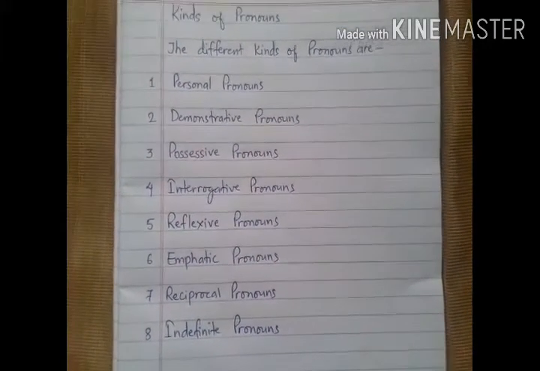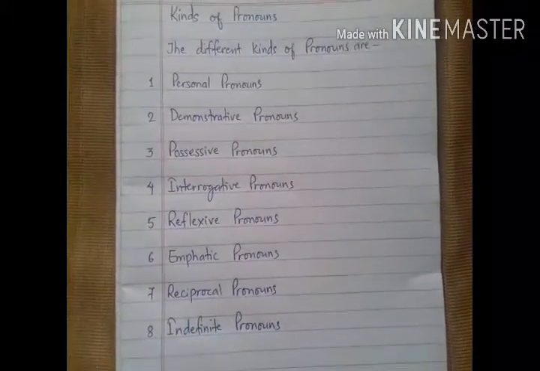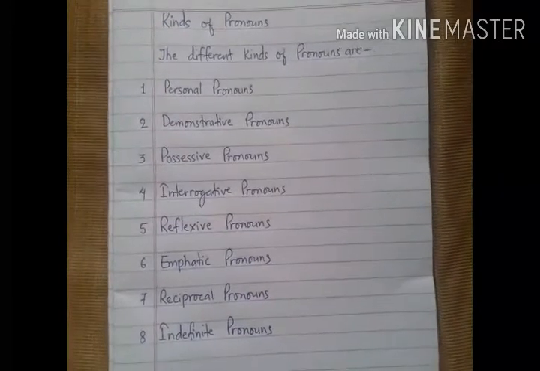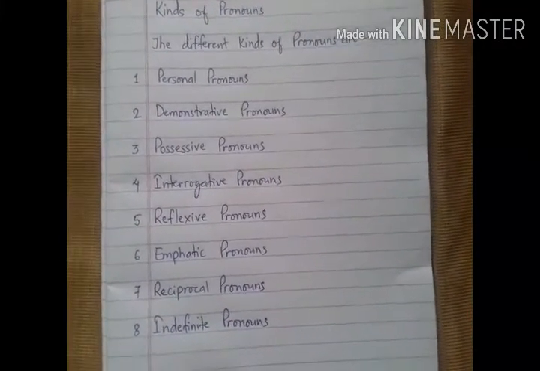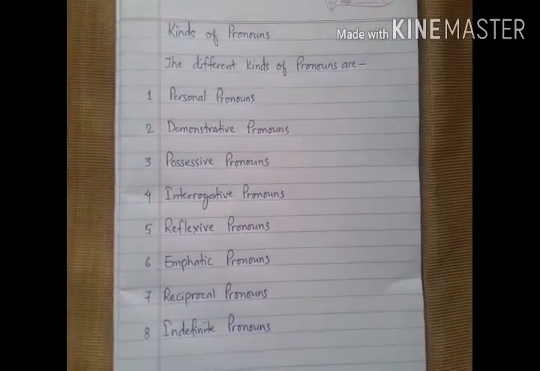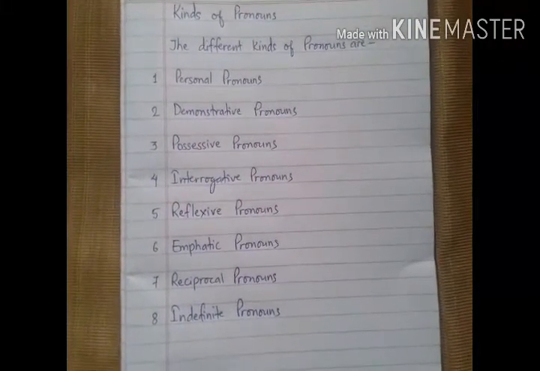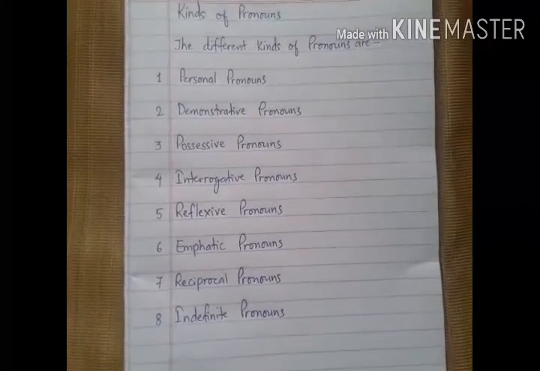So all these are words which are used in place of nouns or for nouns. So they are pronouns. And we will discuss all these kinds of pronouns in this video or in another video.